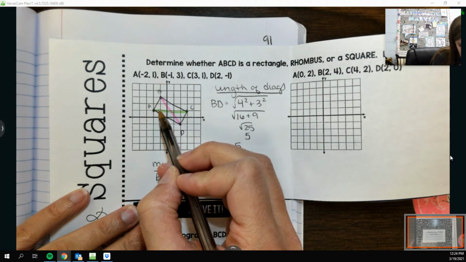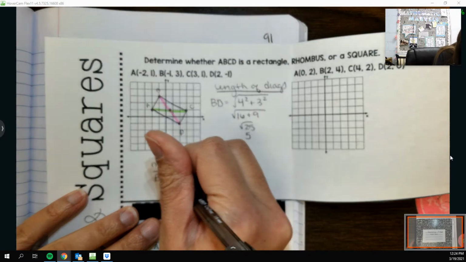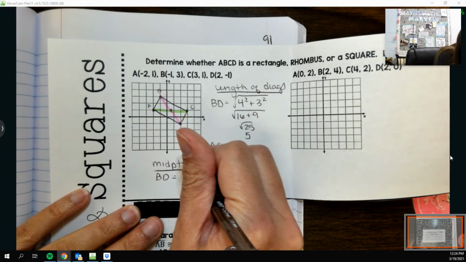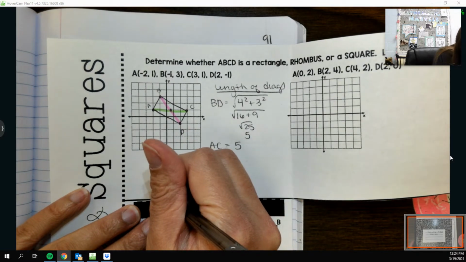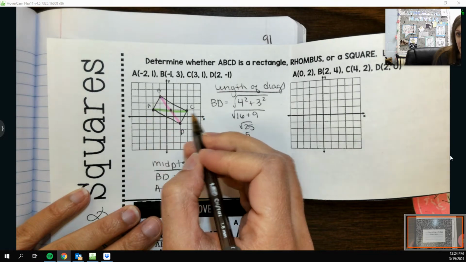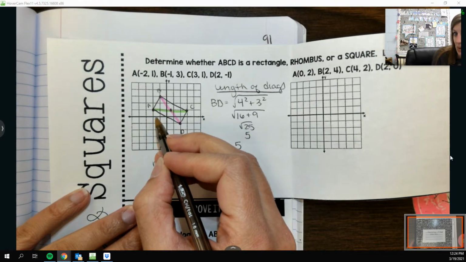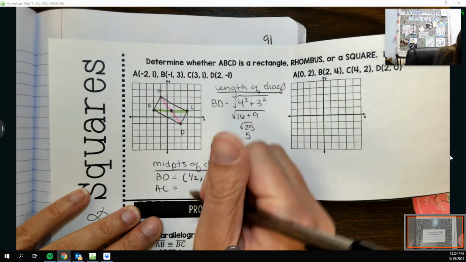So down 2 over 1.5, which puts me at half, 1. And then the midpoint of AC is going to be right in the middle of that 5 length line, which will be 2.5 away. So 1, 2.5 puts me in the exact same spot.